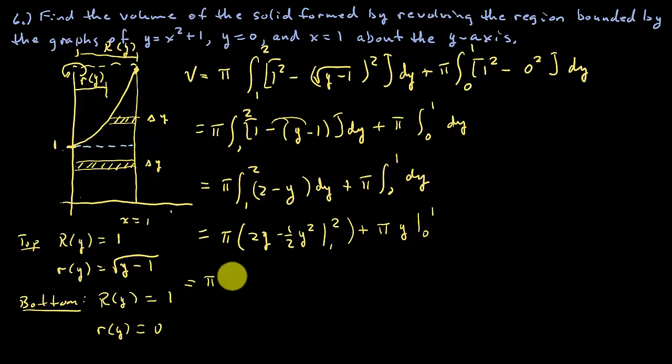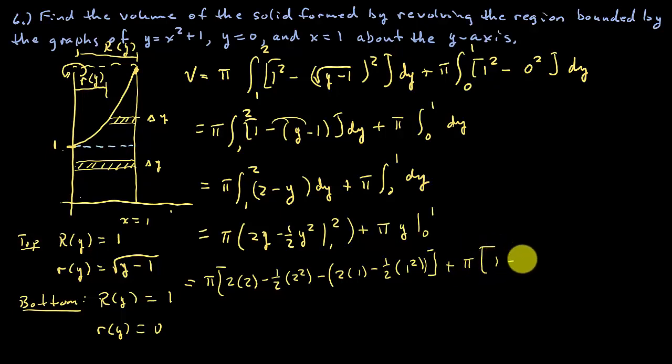So this is going to be pi times (2 times 2 minus 1/2 times 2 squared) minus (2 times 1 minus 1/2 times 1 squared). Let's see. I think I got all my parentheses in there, right? So then plus pi times (1 minus 0).